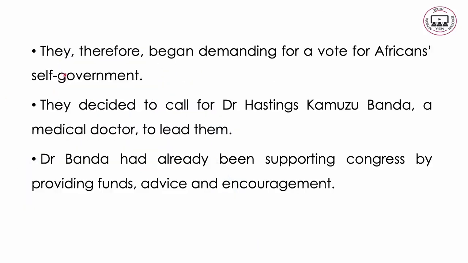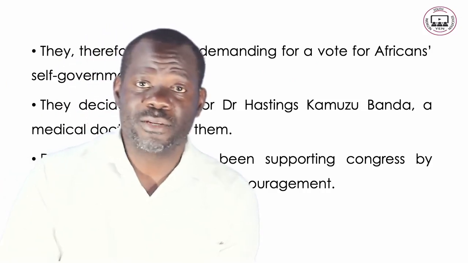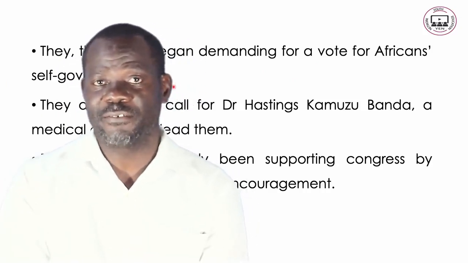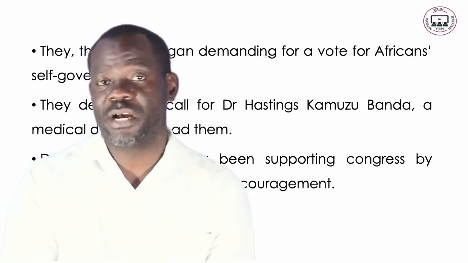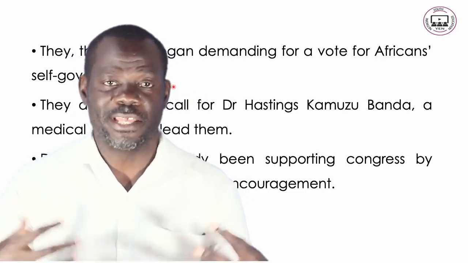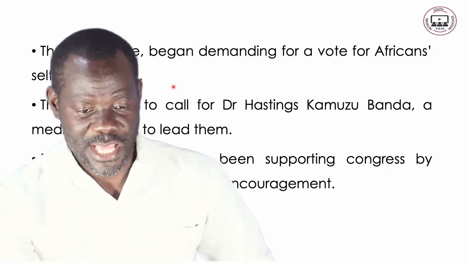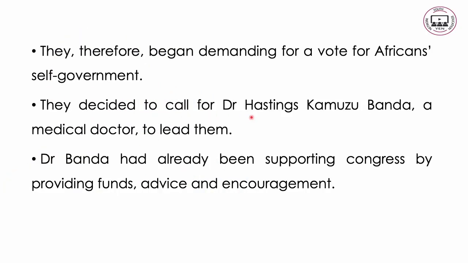So they therefore began demanding a vote for Africans, that is a safe government. So these young men who now advanced the Nyasaland African Congress began to demand a voice and a vote for Africans. And they decided to call for Dr. Banda, Hastings Kamuzu Banda, a medical doctor, to lead them.